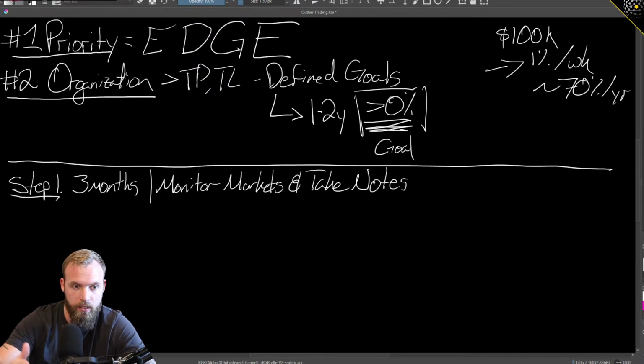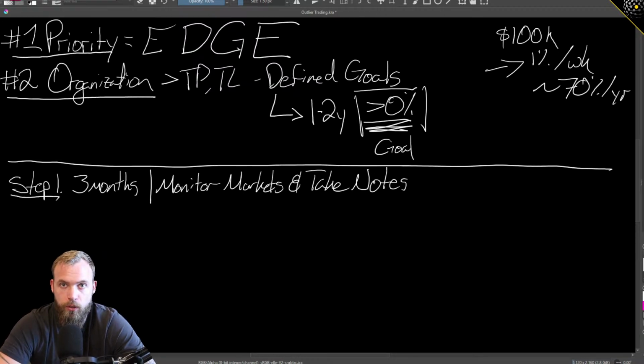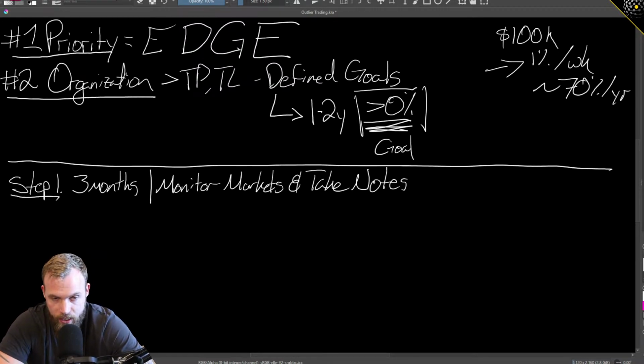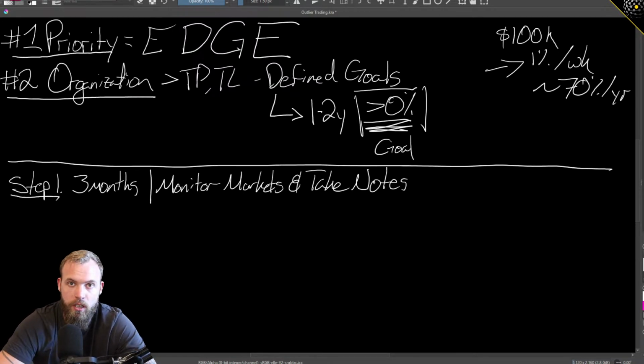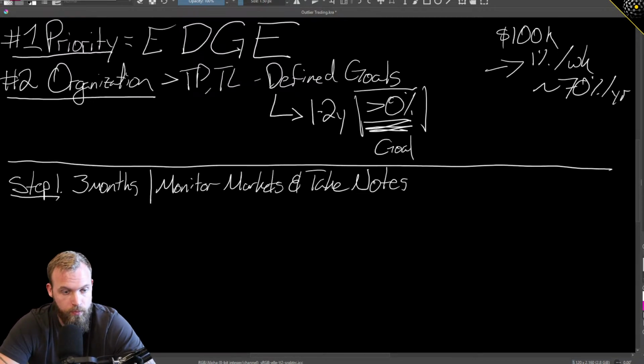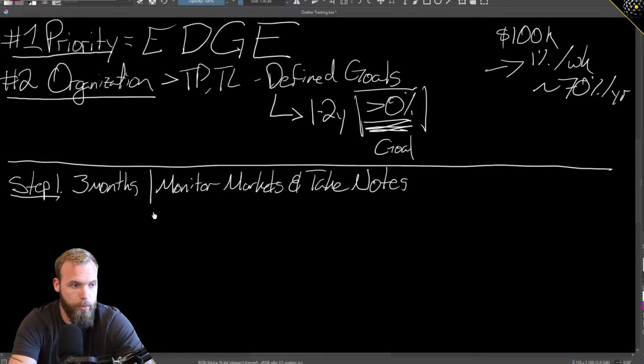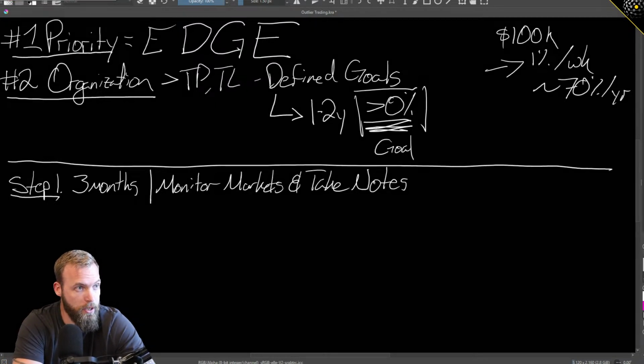This can be done during market close. You don't have to do this during the day, sitting there just staring at the market, seeing what's happened. You can do it at the end of the day, and you can just see what you see and take notes on it. You should be very deliberate. What we're doing here is we're building context. And 3 months, by the way, is just a snapshot. This is a super short amount of time.